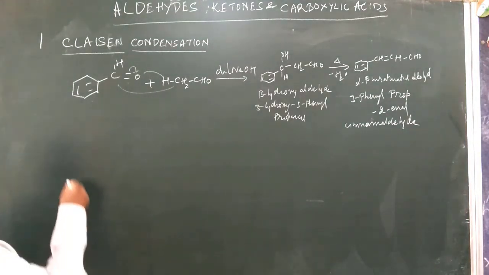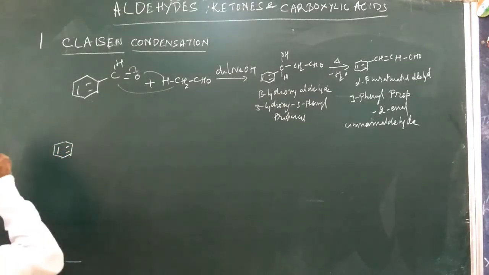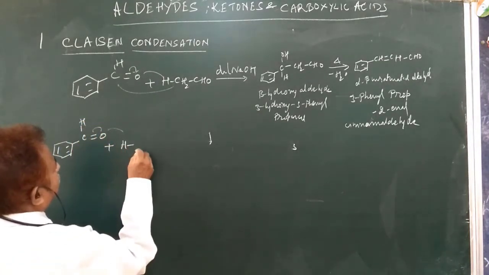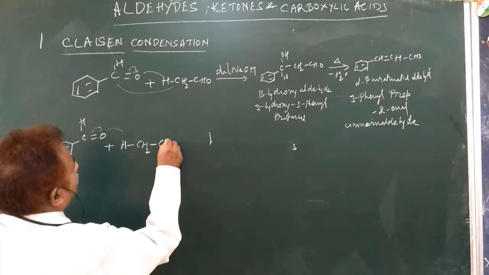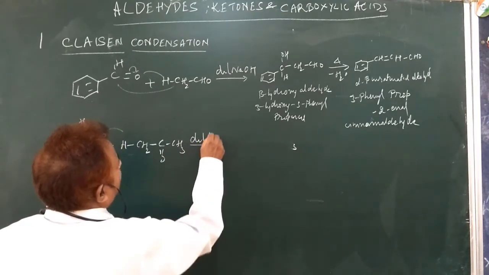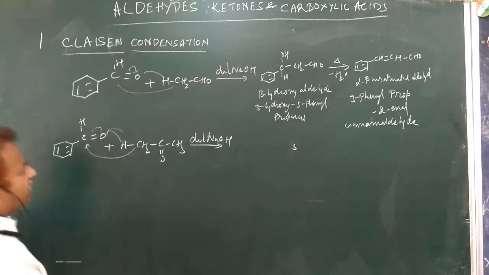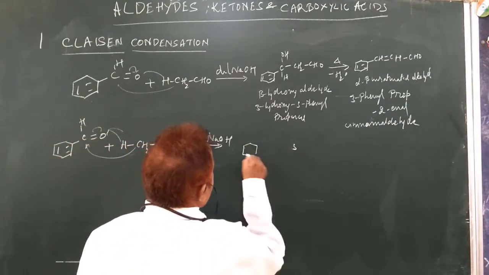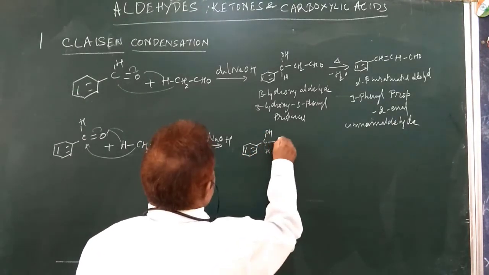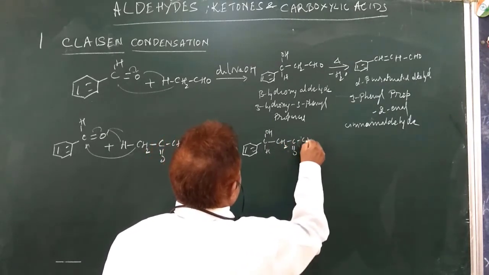Now let us take one more example. Aromatic aldehyde, in the presence of dilute alkali NaOH, this shifts here, therefore we get OH, H, CH2, C=O, CH3.